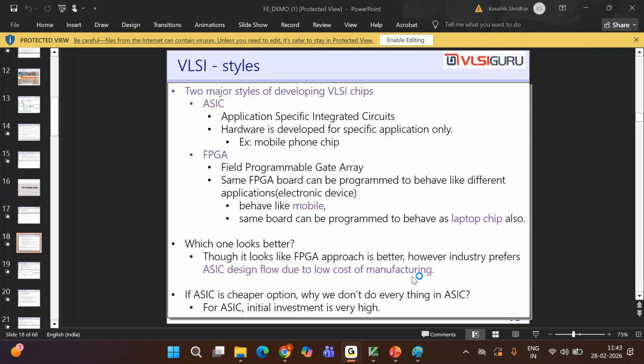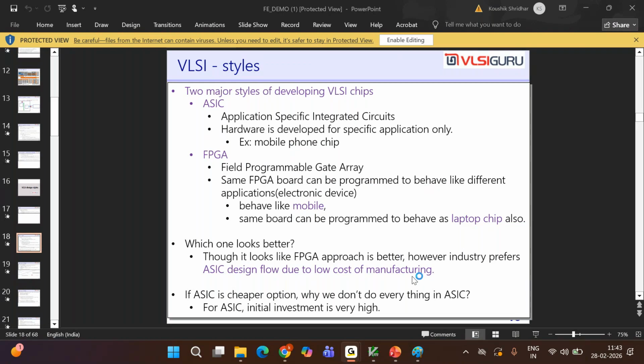It is manufactured in lakhs basically. Mass production. Yes or no? As a basic rule, anything manufactured in mass production, the cost of that product will be less. Do you agree? Yes or no?